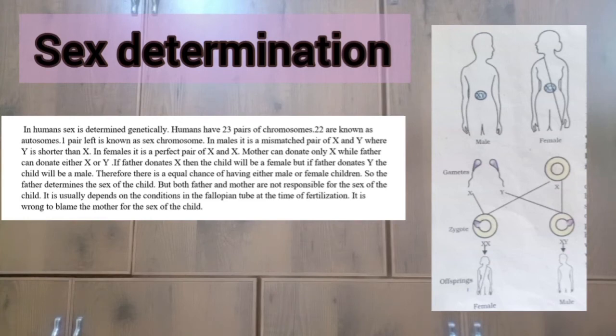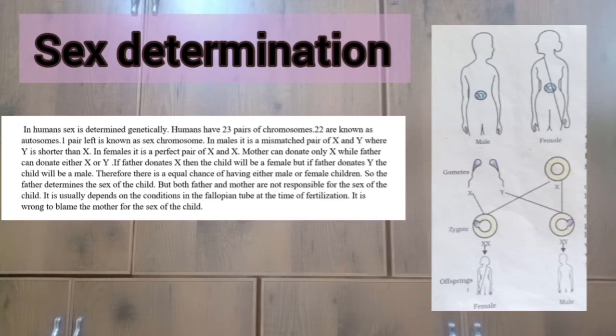A child who inherits an X from her father will be a girl, and one who inherits a Y chromosome from him will be a boy. So we can say that it is the father who determines the sex of the child, because the father has two options. He can donate either X or Y.